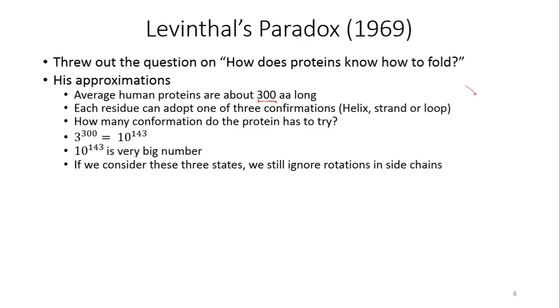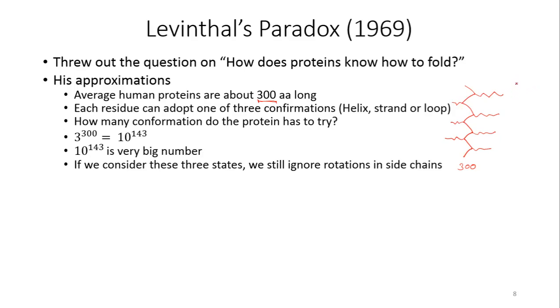So, for example, if this is the backbone of your protein, then this is the side chain. Now, if this is a normal 300 amino acid residue protein, then you know that the backbone of these amino acid residues can acquire secondary structures.